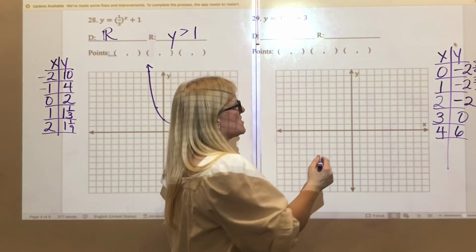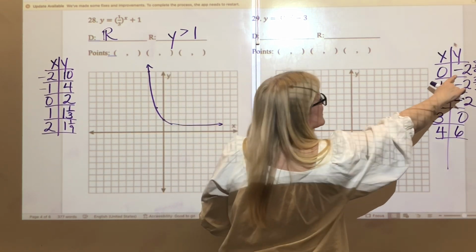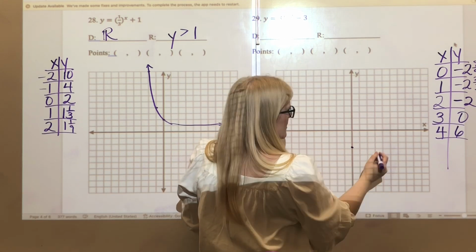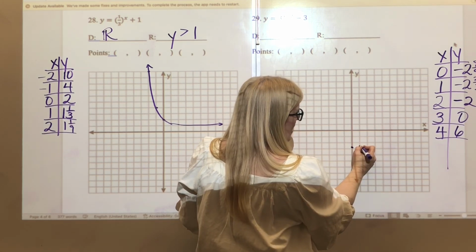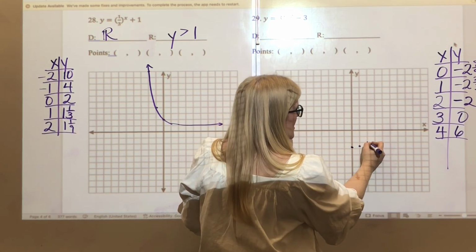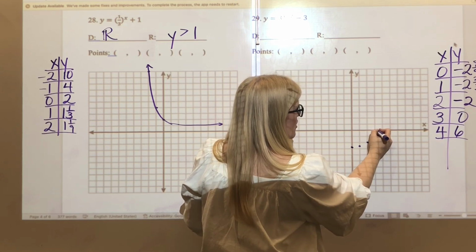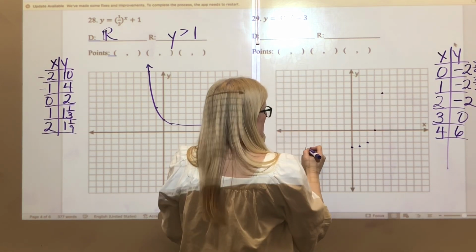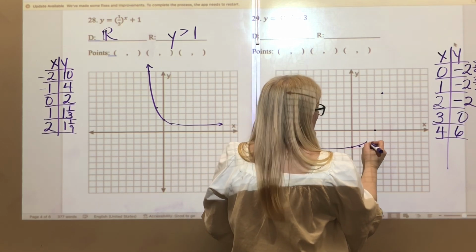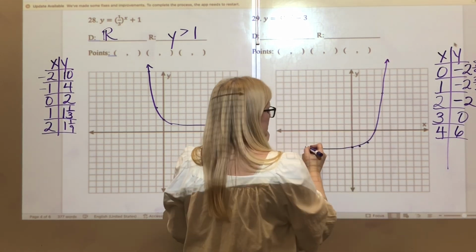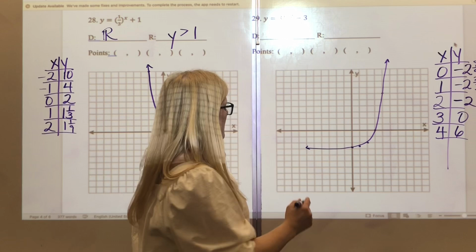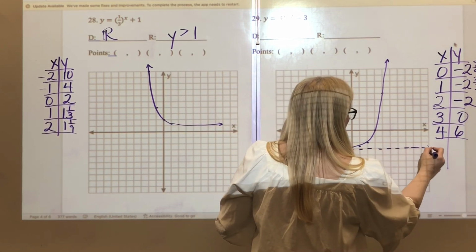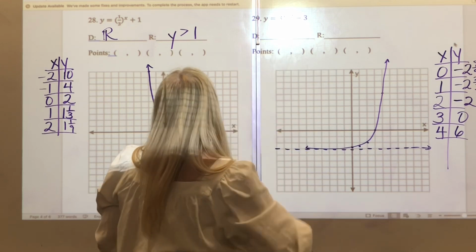Okay, so 0, almost negative 3. 1, just a little tiny bit higher than that. 2 is negative 2. 3 is 0. 4 is 2, 4, 6. Okay, so this is what I thought it looked like from the beginning. The asymptote is right here. That makes sense.